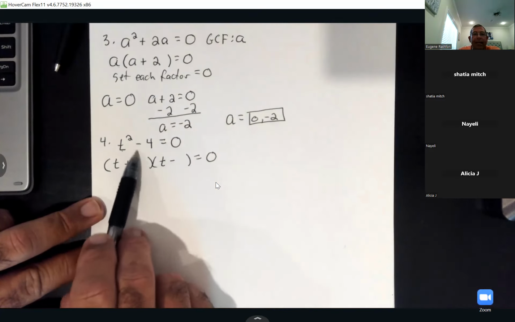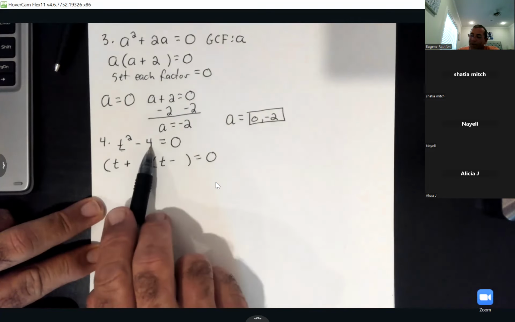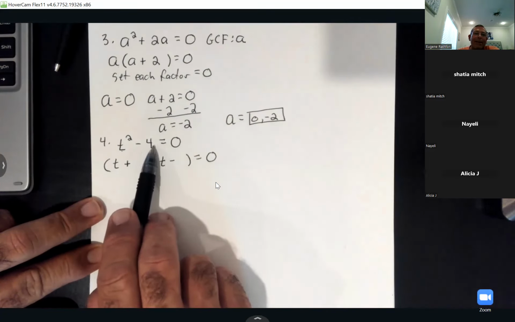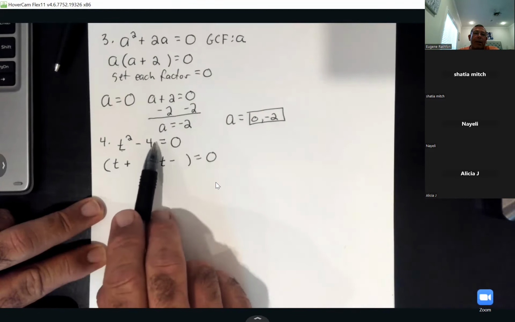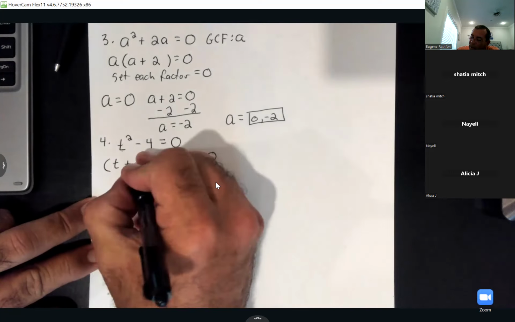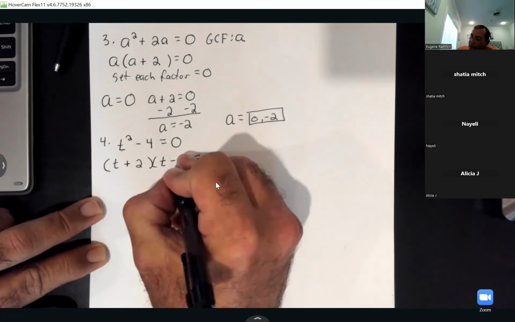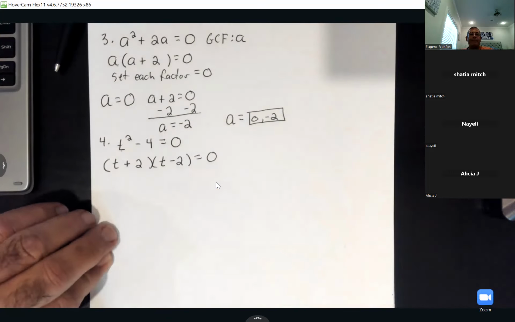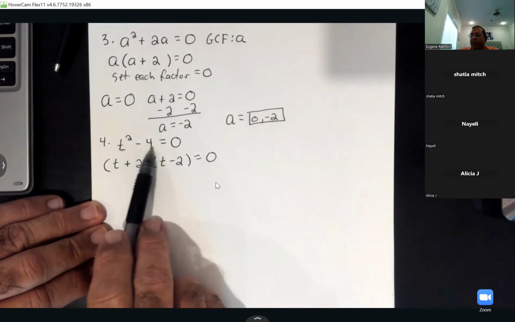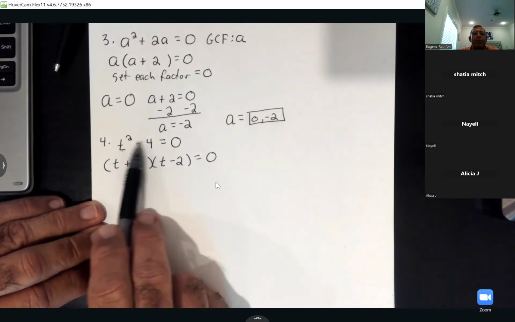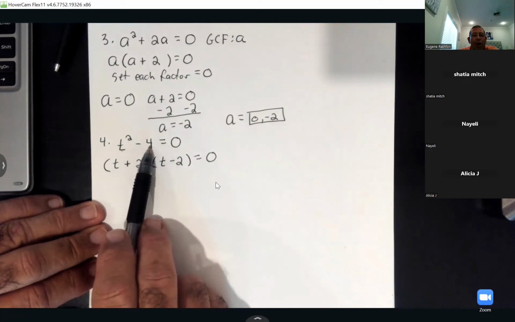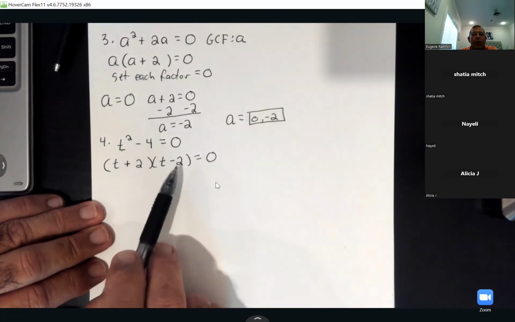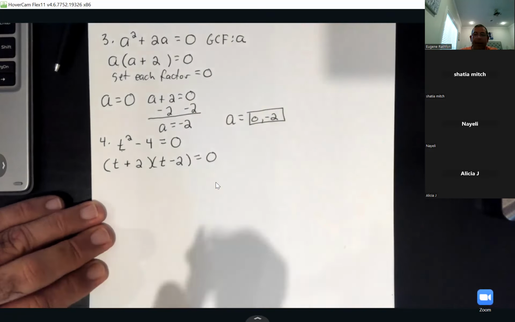Remember, there's not a t in the middle, so it's like a 0. But remember on these, all I did was take the square root of that 4 to get my 2 numbers. And the square root of 4 would be a 2 and a 2. So if you got 2 terms being subtracted, the numbers will be the square roots that you're going to put in here, okay?